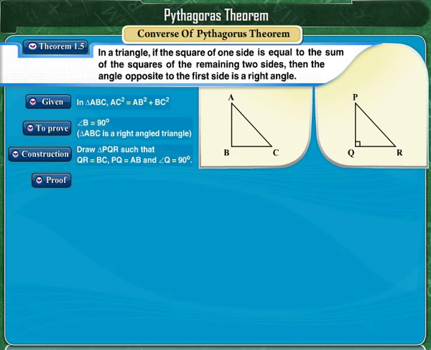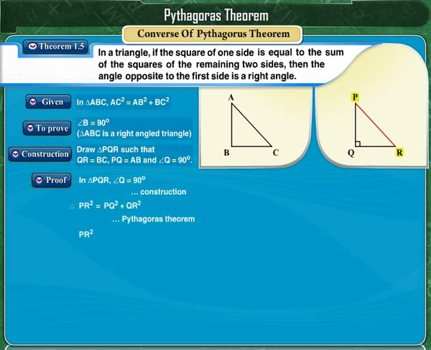Proof. In triangle PQR, angle Q is equal to 90 degrees by construction. Therefore, by Pythagoras theorem, PR squared is equal to PQ squared plus QR squared. But by construction, PQ is equal to AB and QR is equal to BC.